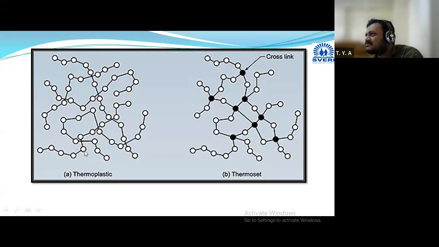Here the bond is weak, that's why its strength is low. Here the bond is very strong due to cross-linking. That's why load carrying capacity is high and it is also hard in nature. All the differentiating points you can write from this diagram only. Just try to remember this diagram.